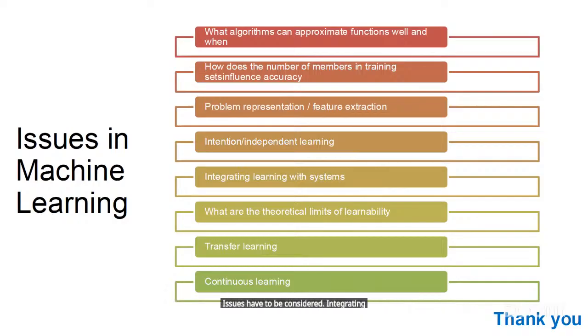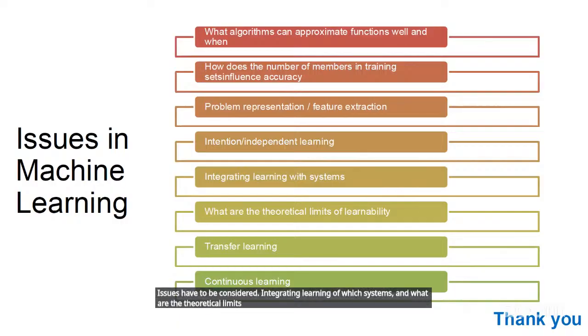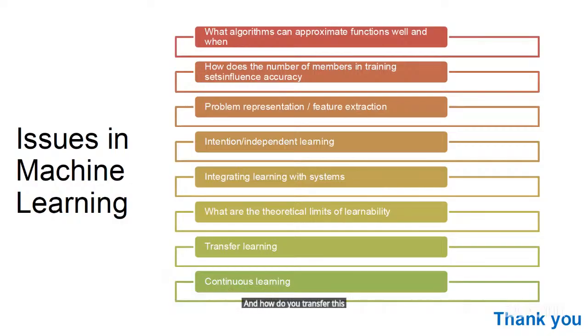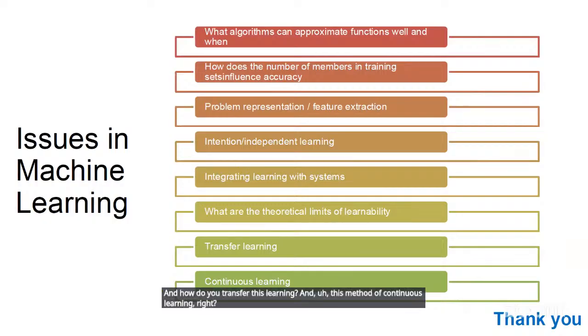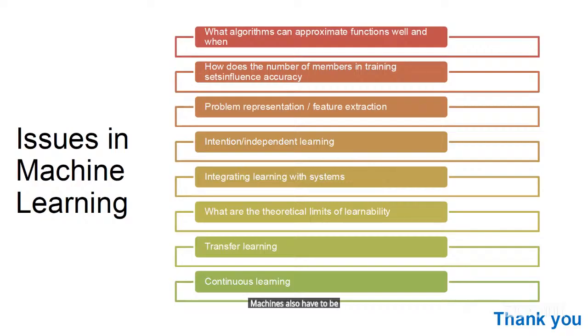Integrating learning with systems, and the theoretical limits of learnability we have to keep in mind. And how do you transfer this learning, and this method of continuous learning? Human beings have a continuous way of understanding, evolving, and categorizing things. In the same way, machines also have to be constantly trained and retrained, and this reinforcement method is used to get better and better results.